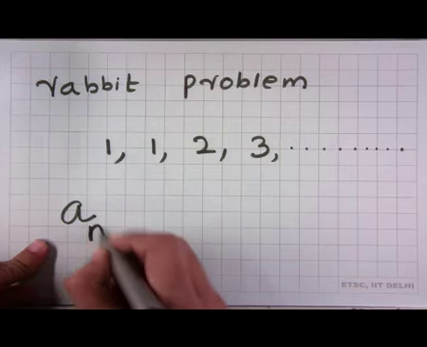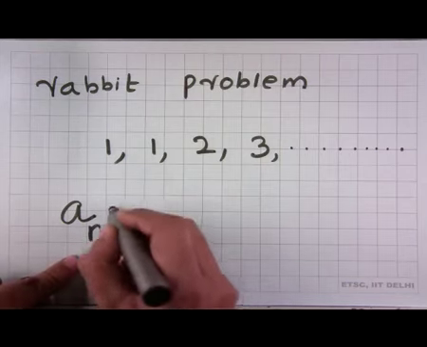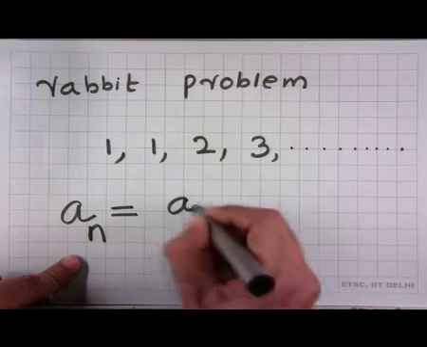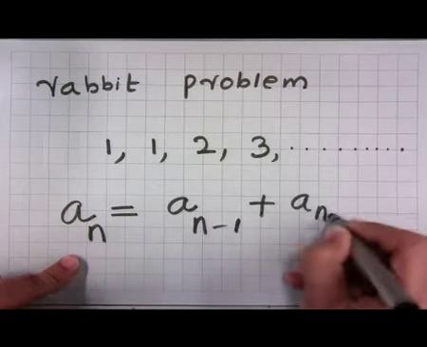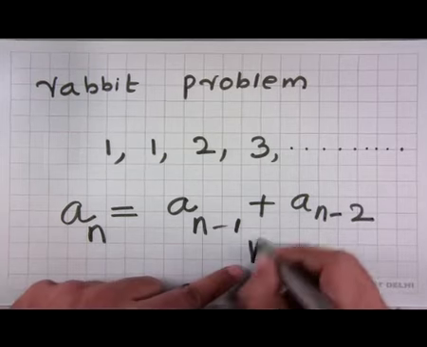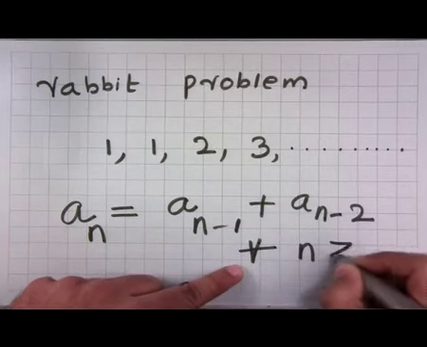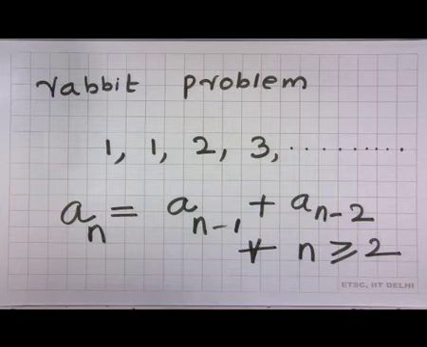So a_n is equal to a_(n-1) plus a_(n-2) for every n greater than or equal to 2.